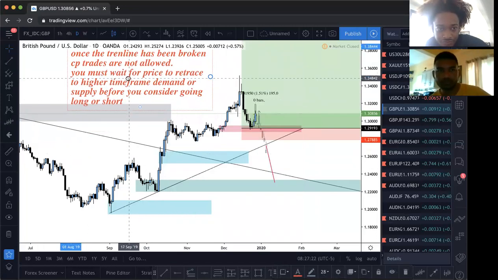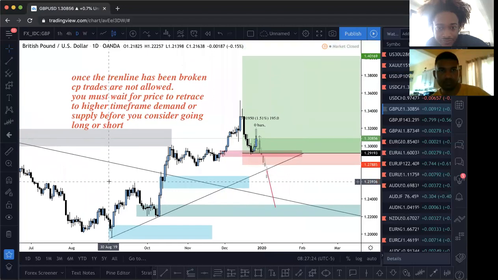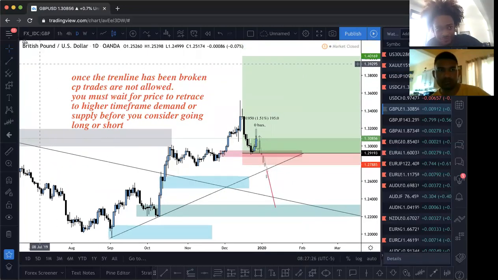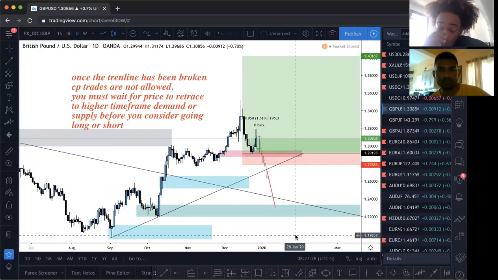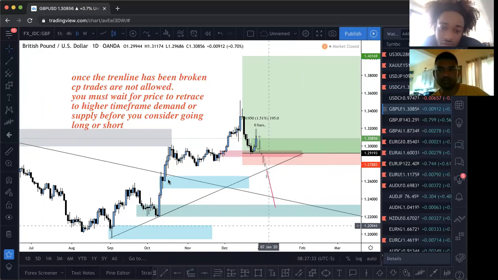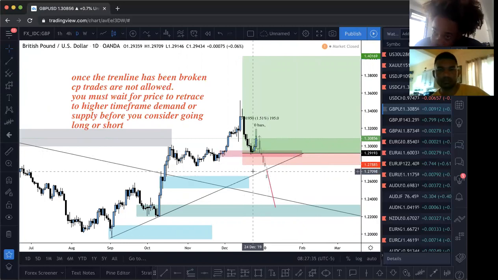Okay. All right. I'll just screenshot. So what this means, right? It means if we're on the daily time frame right now, the daily time frame trend line is broken.